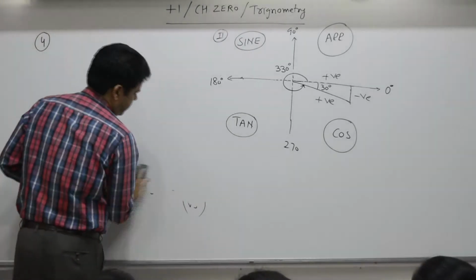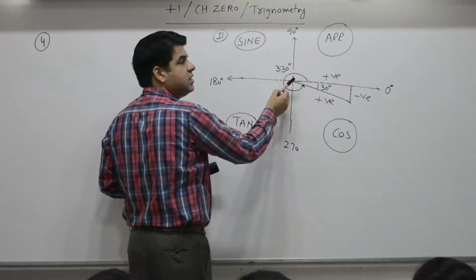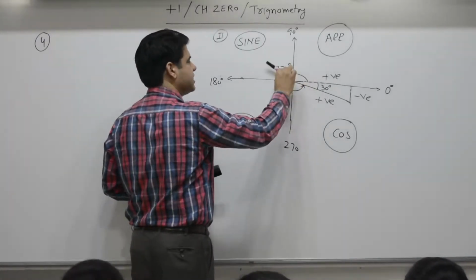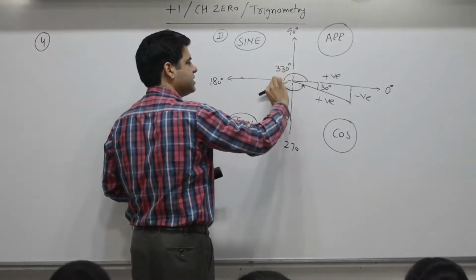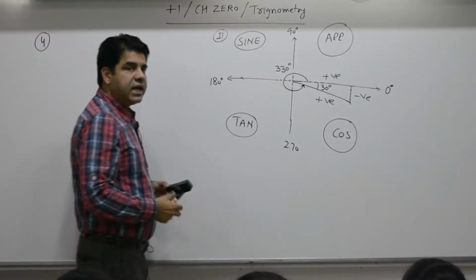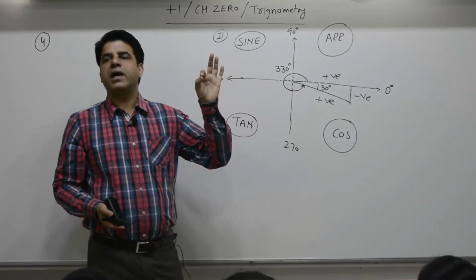So using this technique, what is the procedure? The line makes what angle with the x-axis? When it was 30 degrees, 150, or 210, it was 30 degrees with the x-axis. Mark that angle, that will give you the magnitude.